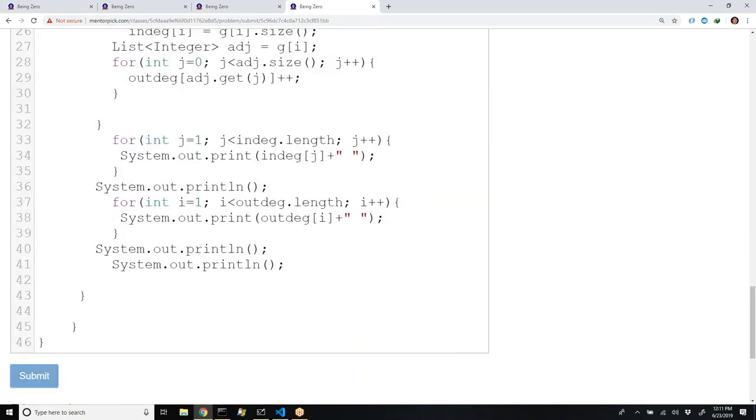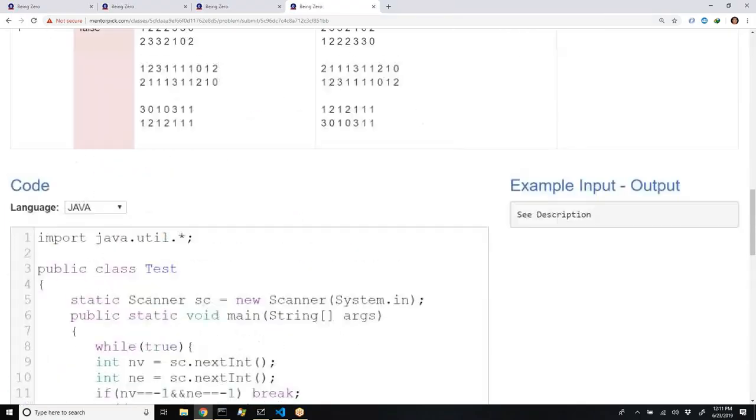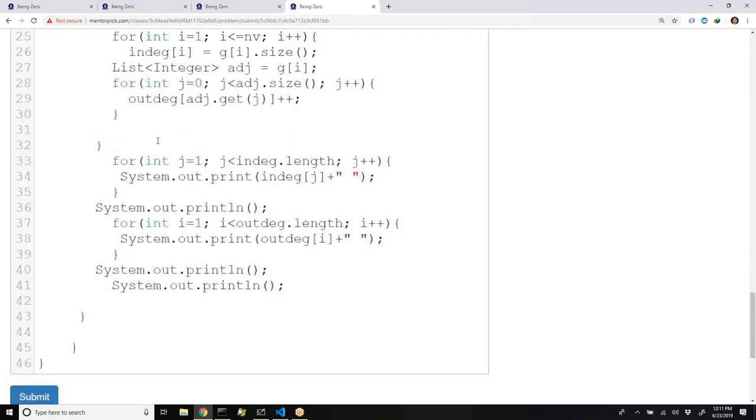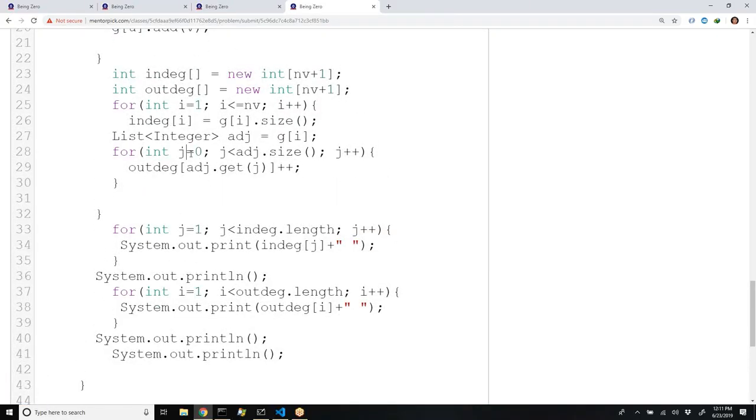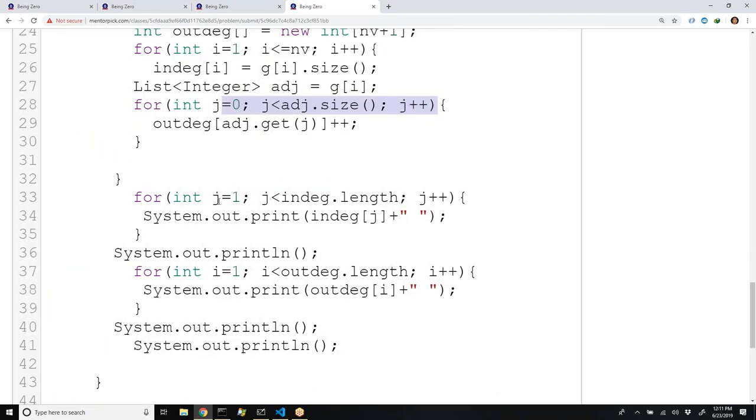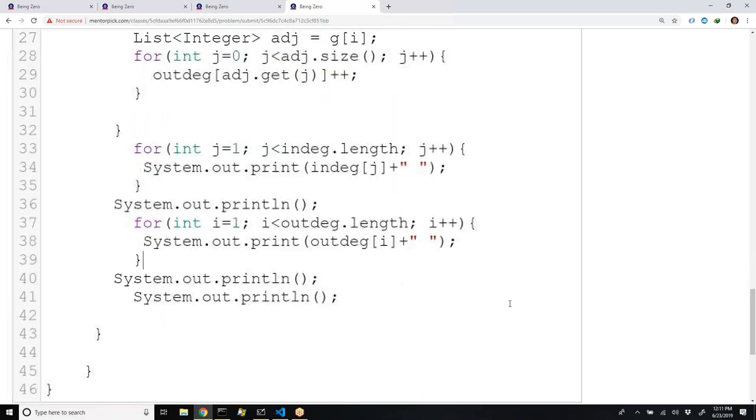Good catch, Prakash. Line 28. This one. Since it is a list, that should be fine for j in degree length, j in degree of i.